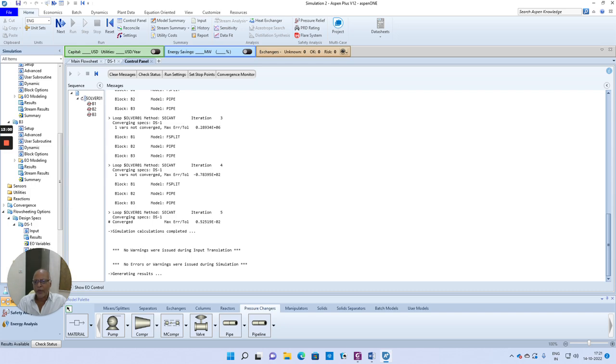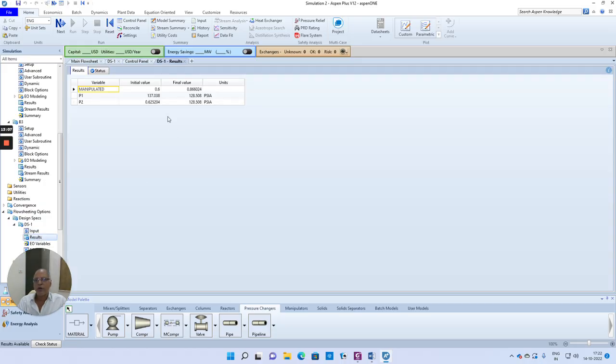So within 5 iterations, we were able to come to a convergent solution. What about the solution? When we started with 0.6, the pressure from the exit of the first pipe is 137 psia, whereas the pressure coming out from pipe 2 is only 0.62.